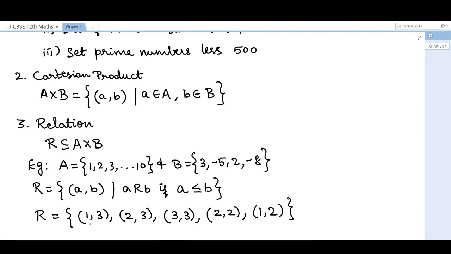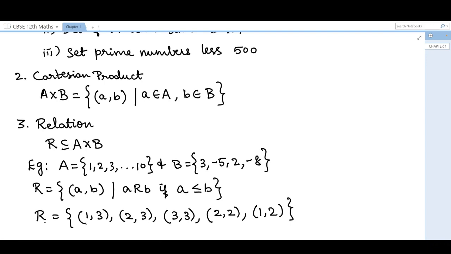Here we can observe that the first element in each pair is less than or equal to the second element in the ordered pair. Therefore, only these elements will be included in the relation R, whereas in A cross B, each and every element in A will be mapped to the elements in B. Thus, the relation is said to be a subset of A cross B.